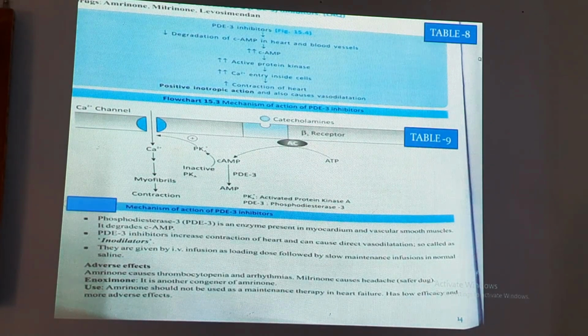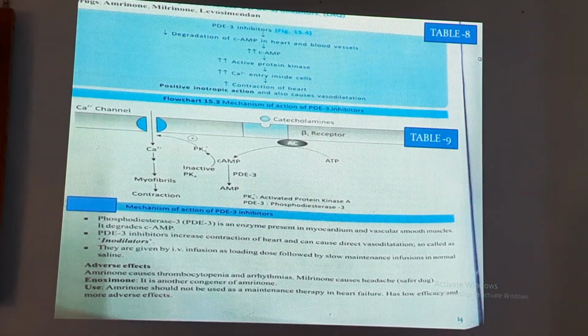Okay. Here, this is the same as what we had discussed, that is about the action of phosphodiesterase inhibitors. This table gives the same diagrammatic description and flow chart of the action of phosphodiesterase inhibitors like amrinone, milrinone and levosimendan.